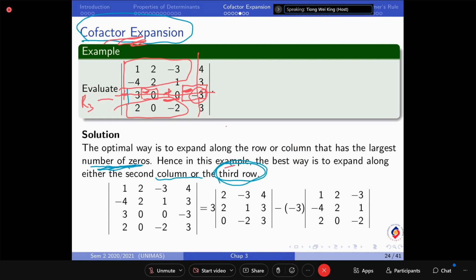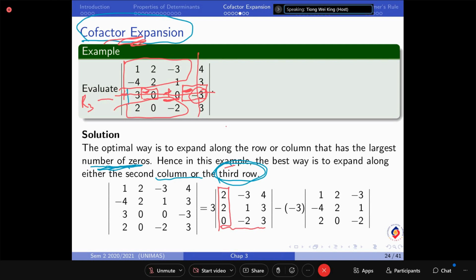Now first we do the first matrix. Again you pick the row or column that has 0. Since column 1 has a 0, let's say I choose the first column.